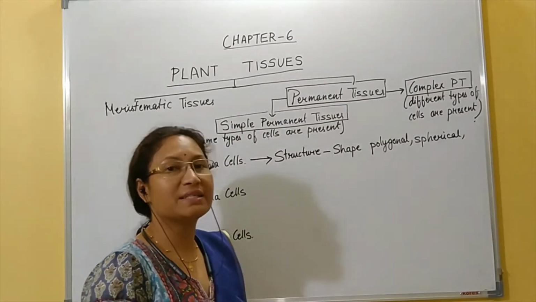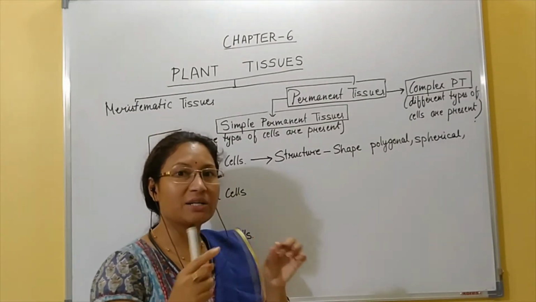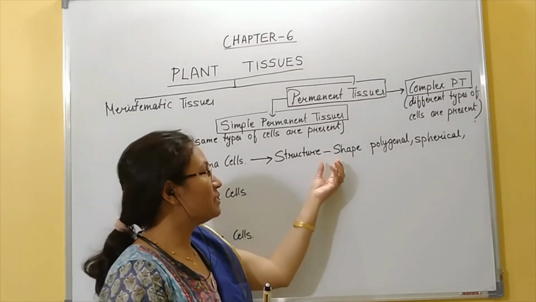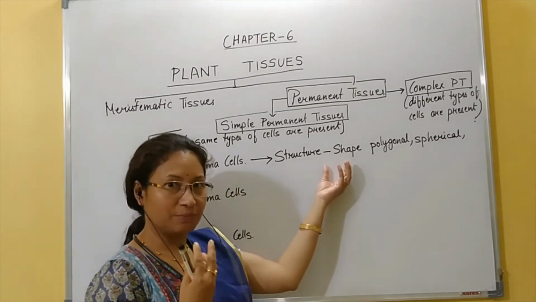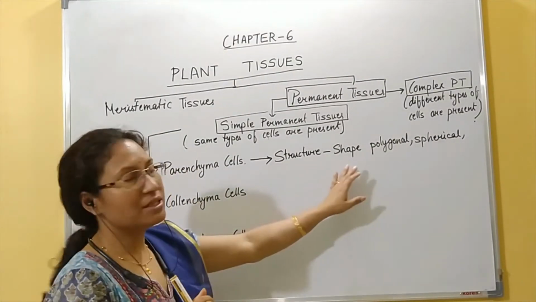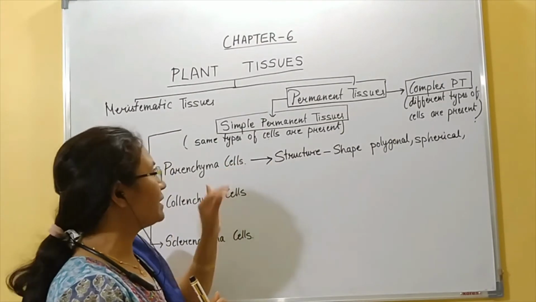Even there are some cells which appear star shaped. It is present in banana and chana plant, where the parenchyma cell is star shaped. So there are various shapes available in the parenchyma cells.